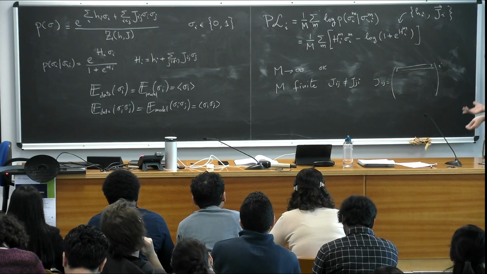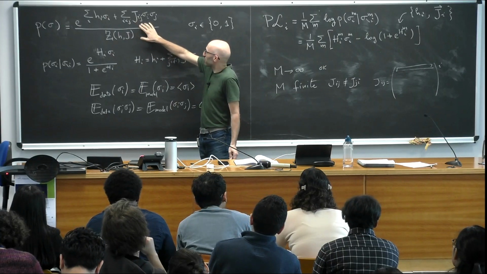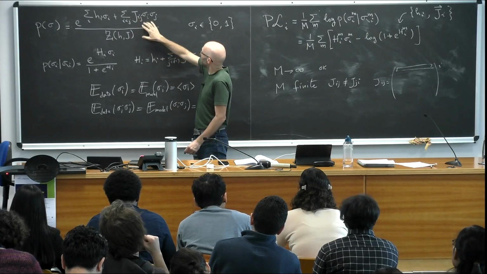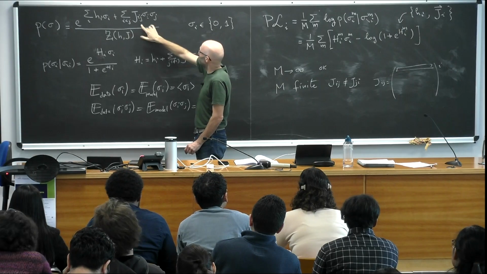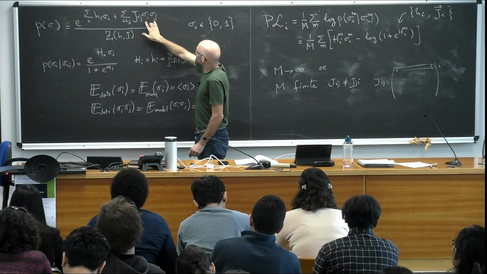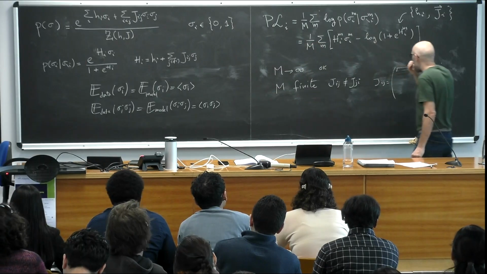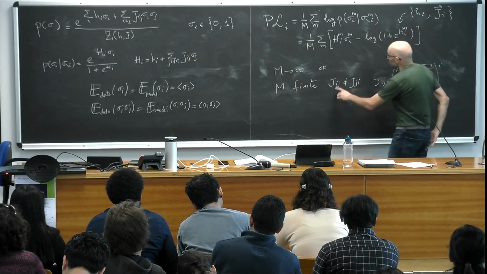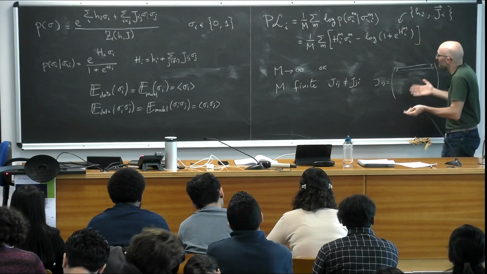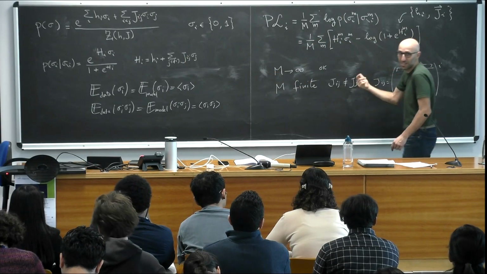So first of all, you don't know how to put it here, because here the J are symmetric by construction, because J is multiplying sigma_i sigma_j. So even if it's not symmetric, because this is symmetric, the anti-symmetric part will disappear. So then you have to decide what to do. One thing you can do is to symmetrize by hand. So you can say, okay, for example, I put in the distribution the average of J_ij and J_ji.